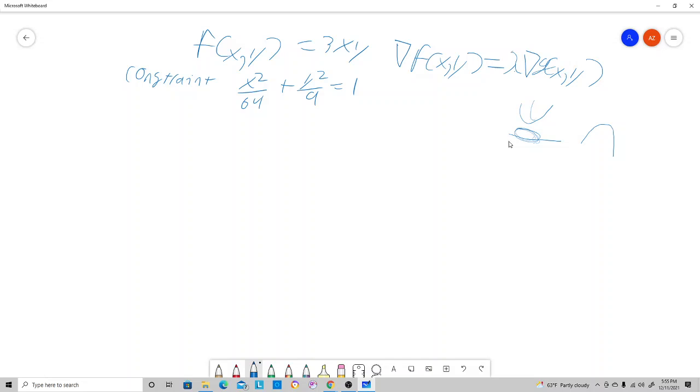So to do this, we first have to take the gradient. Let's take the gradient of f. If we do this, we take 3y, then we take 3x as our gradient.